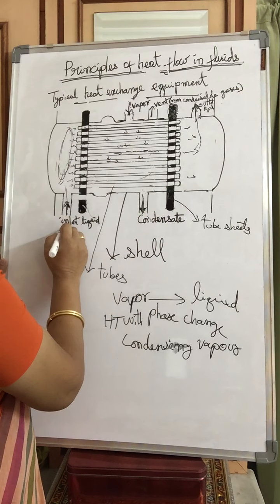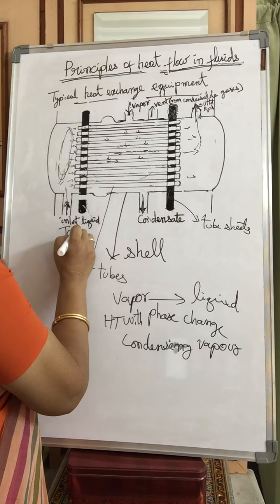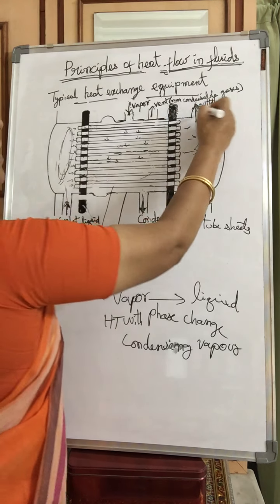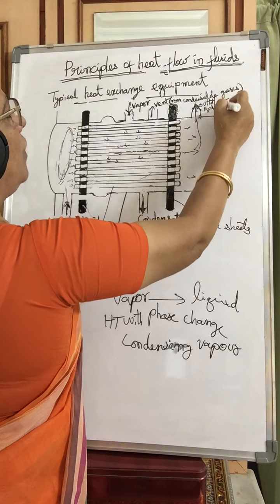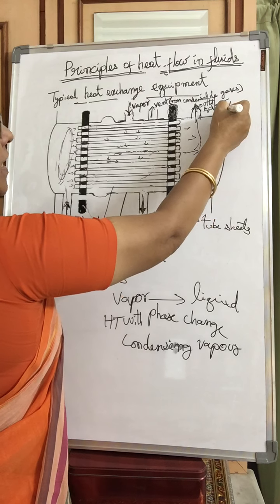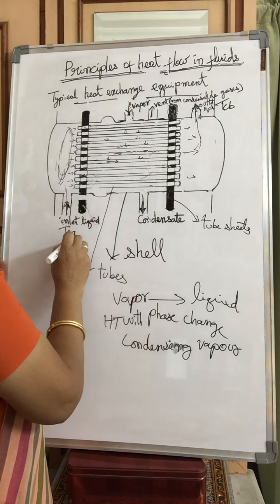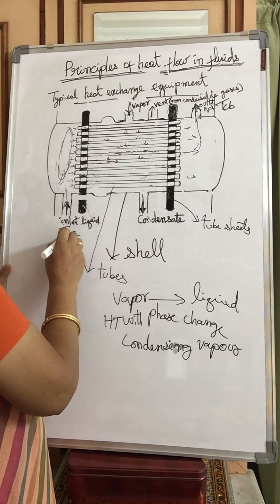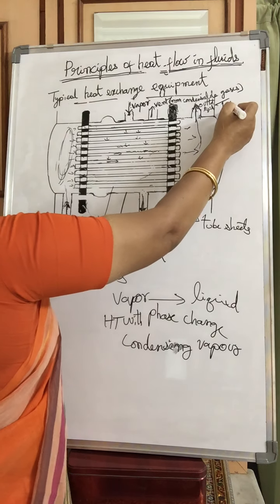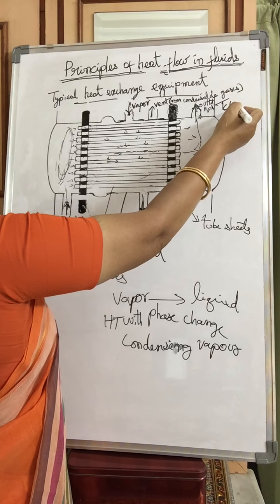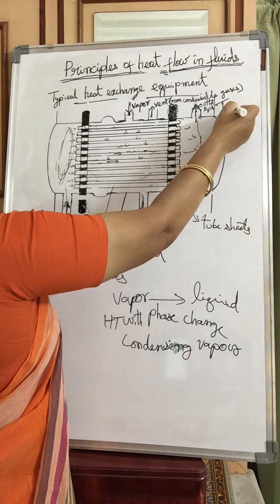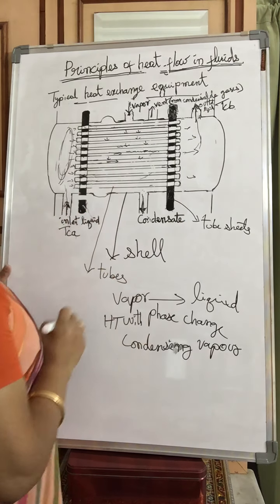Okay. So here usually we denote by TCA the cold fluid inlet temperature: C indicates cold, and small a indicates inlet. Small b indicates outlet, so the cold fluid outlet temperature is TCB.